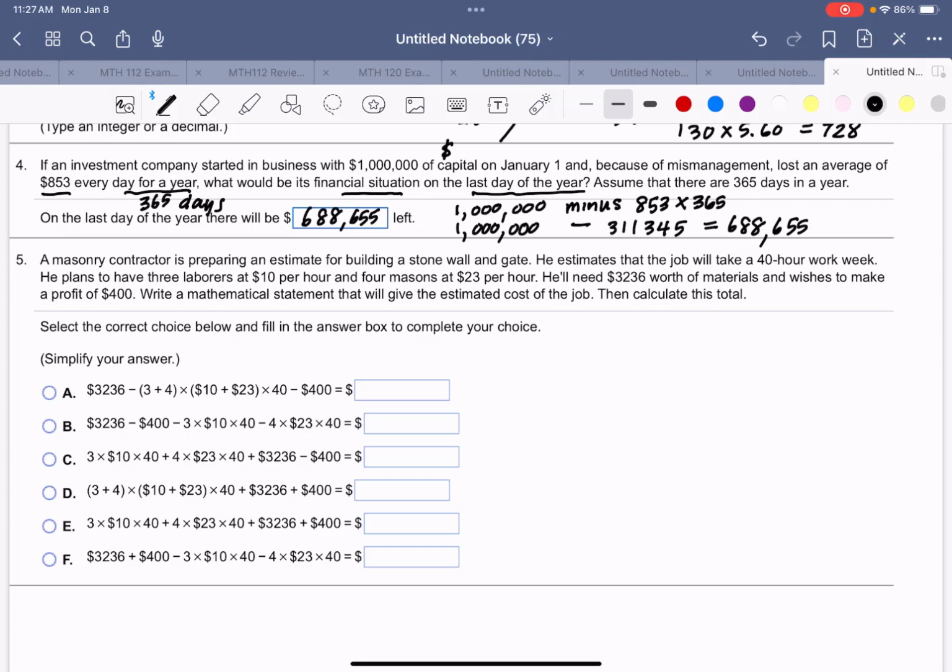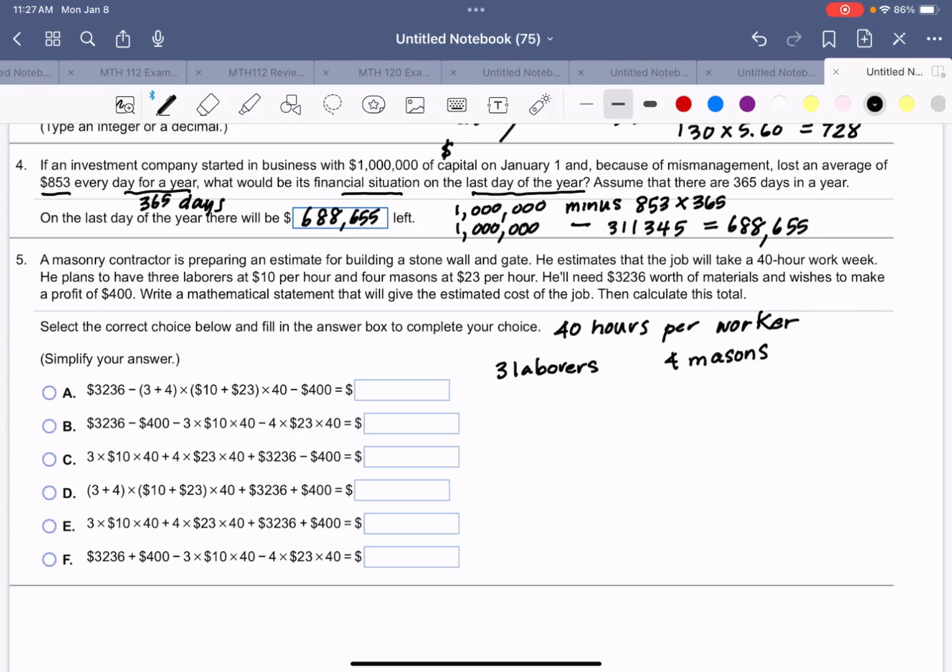So there are a lot of things going on here, so let's talk about this. 40 hours per worker. Okay, because he says it's going to take a full 40 hours to complete the job. He's got 3 laborers, and he's got 4 masons.